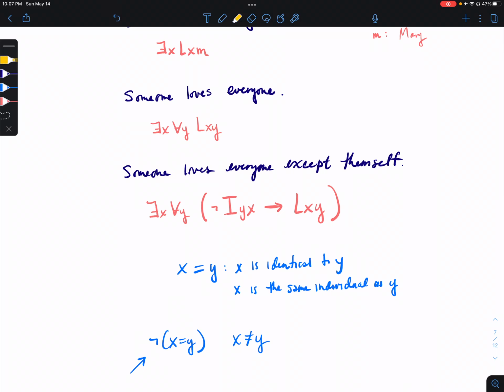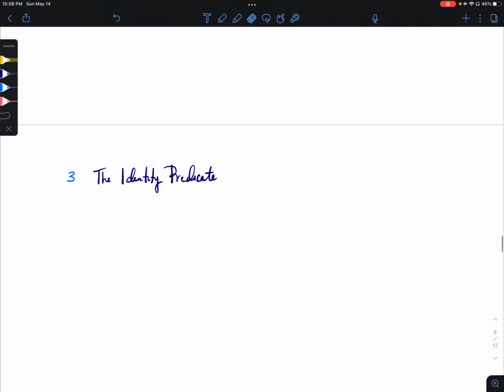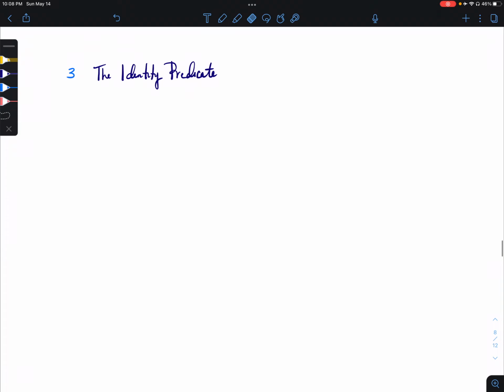It's just that these are familiar, people know what they mean, so we're going to do it that way. Okay, so we've introduced the identity predicate. We're just adding this to the language, and it means is the same individual as.